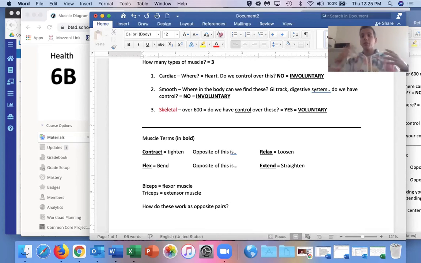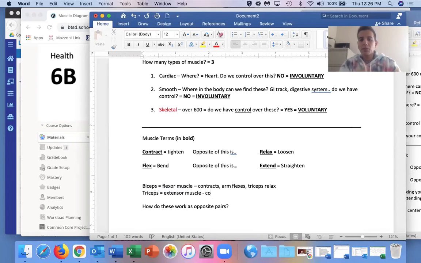The movements of your body while doing that are also opposites, because the biceps, as you can see here, is a flexor muscle, and the triceps is an extensor muscle. So when the biceps contracts, the arm flexes, and the triceps relax.